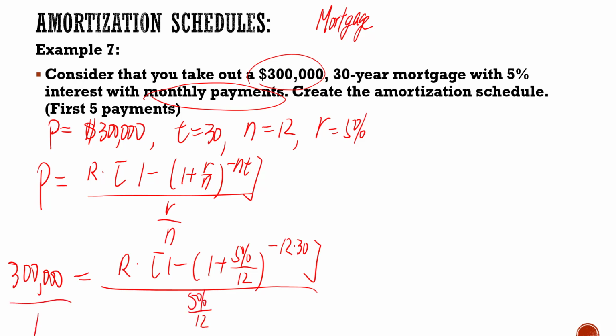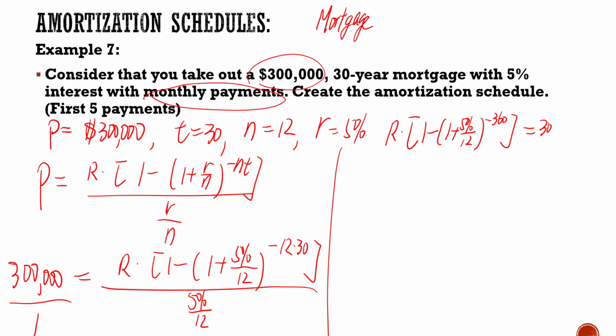Cross multiplying, we end up with regular payment times square bracket, 1 minus 1 plus 5% over 12 raised to 360 power. The right-hand side is 300,000 multiplied by 5% over 12.